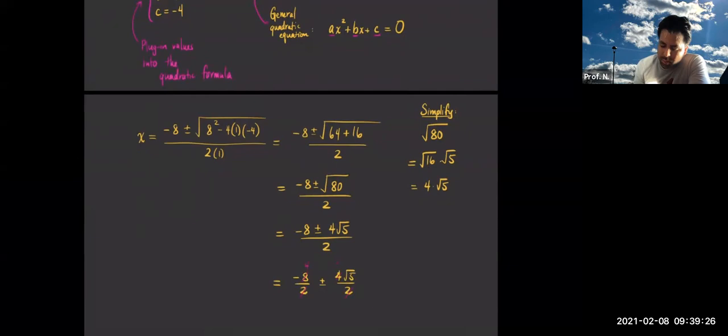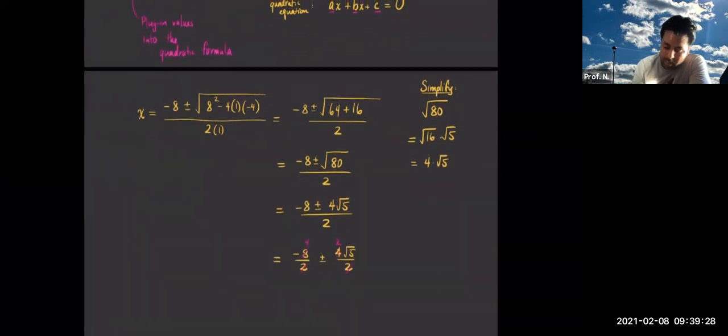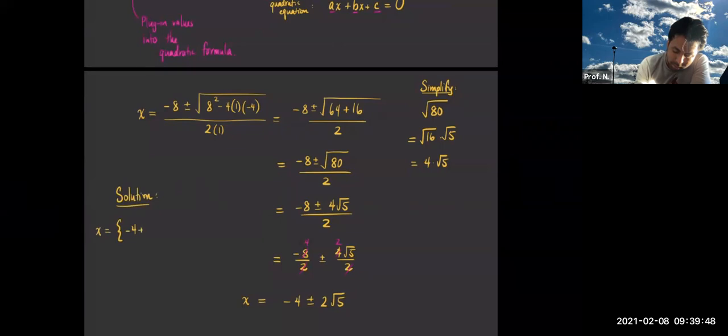The 2 and the 4, this becomes a 2. And finally, my answer is x is equal to -4 plus or minus 2 rad 5. I want to write the solution a bit more explicitly, as a set where the first one is -4 plus 2 rad 5, and the other one is -4 minus 2 rad 5.